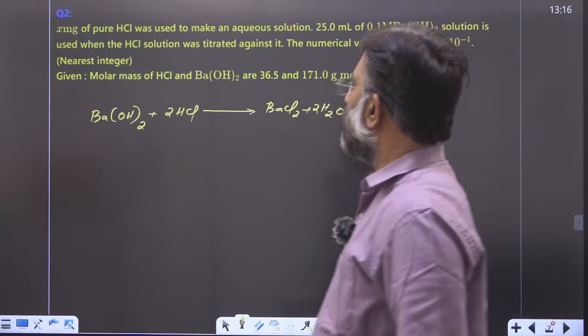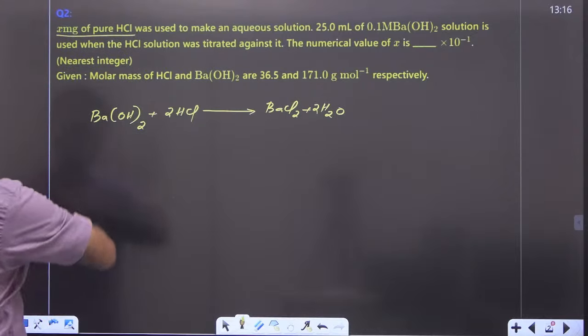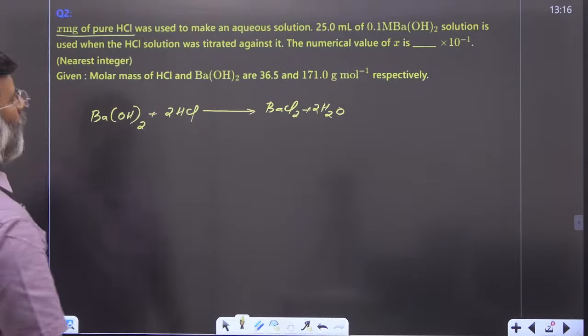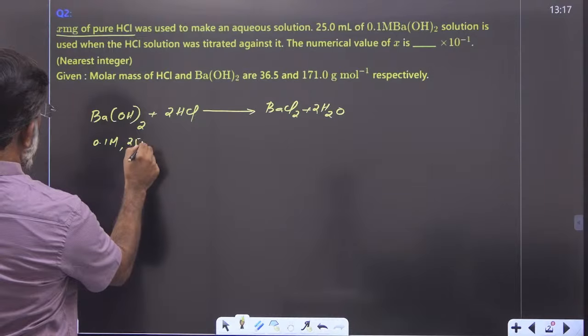പഠിച്ചിട്ടുണ്ടല്ലോ, right? നമ്മുടെ ചോദ്യം X milligram pure HCl used to make an aqueous solution, 25 ml 0.1 molar. ഇത് 0.1 molar 25 ml ആണ്.